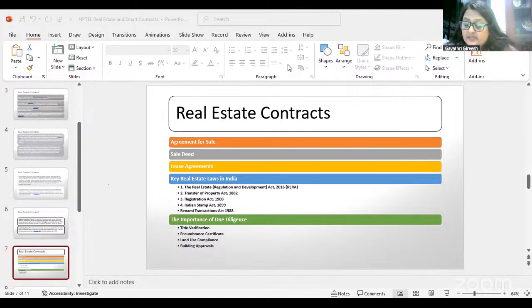Now, title verification starts from how a potential seller got the property, either through inheritance, through succession, or by act of legislation, which is also a kind of being an owner of the land.